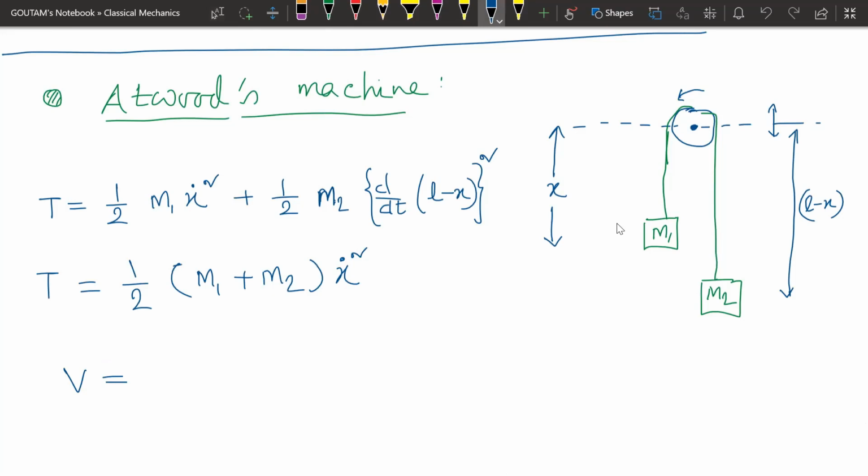So potential energy of M1 will be minus M1 G x, minus because this is a zero potential line and M1 is below this line, and potential energy of mass M2 will be minus M2 G (L minus x).